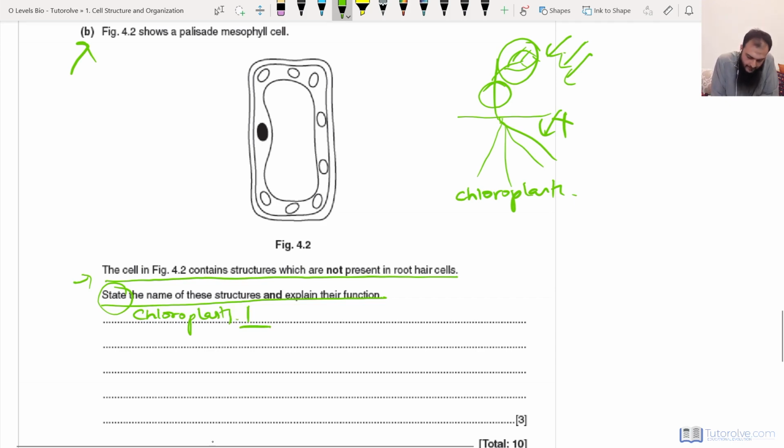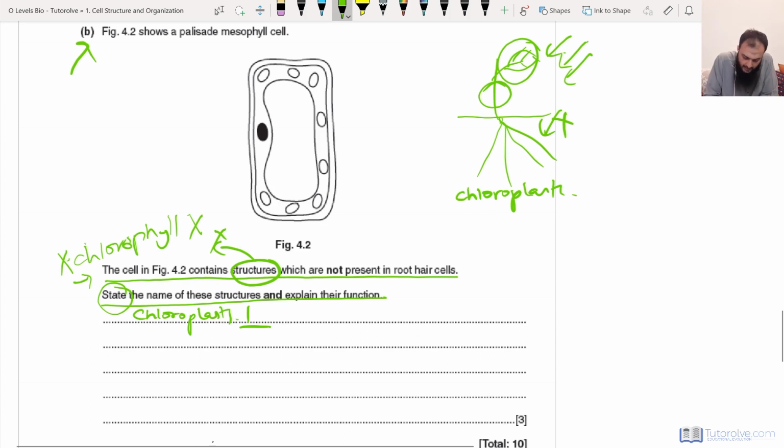By the way, a wrong choice would be to say chlorophyll. Pause the video and think about this. Why is this incorrect? Because chlorophyll is not a structure. It's a chemical present within the structure of chloroplasts. So remember, when I did this topic, I clarified that you have to differentiate between both.